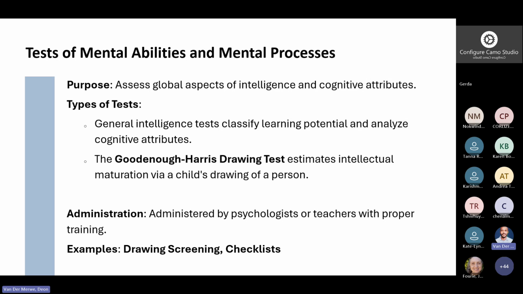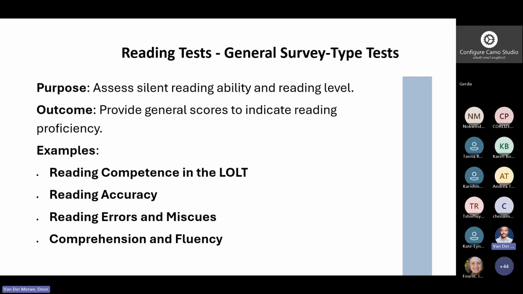And we also have the reading test, the general survey type test that is part of the process, which assesses silent reading abilities and the reading level of the child. And the outcome thereof is just to provide general scores to indicate reading proficiency.